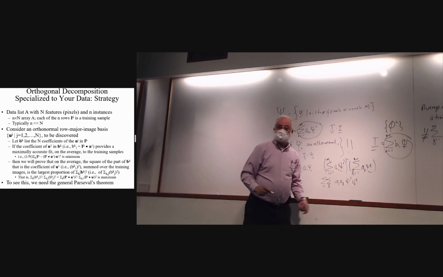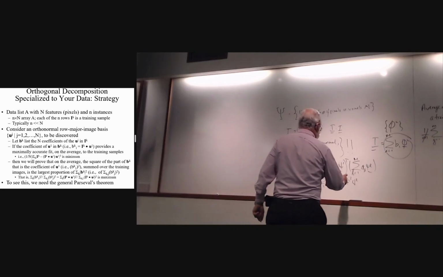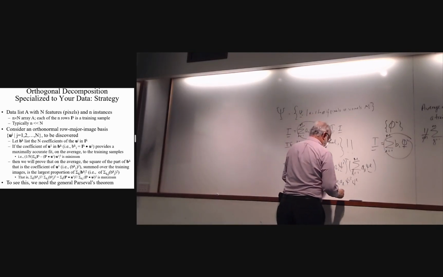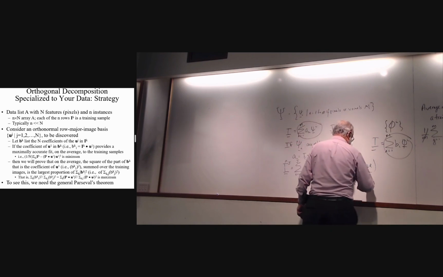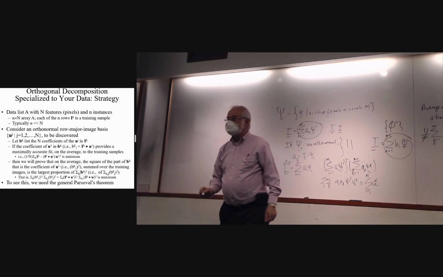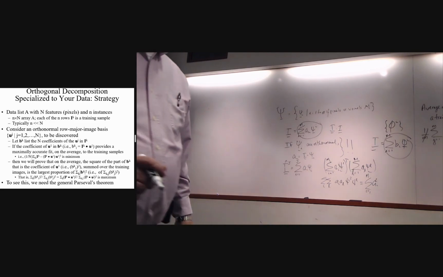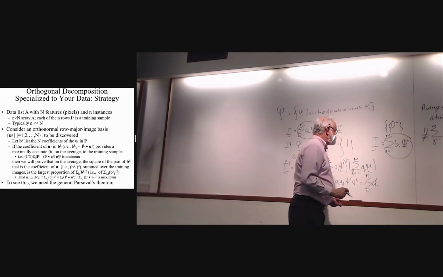And all these are 0 if i is not equal to l because of the orthonormality. And when i is equal to l, it's 1. And so this thing turns out to be simply the sum of a_i squared, i equals 1 to M. The sum of the coefficients squared is the sum of a_i squared.